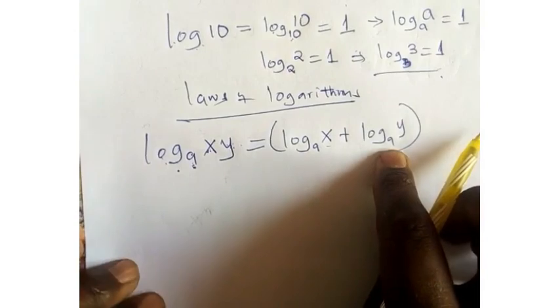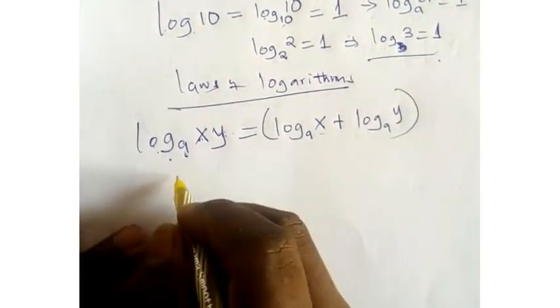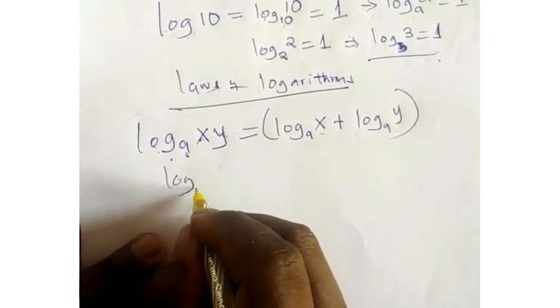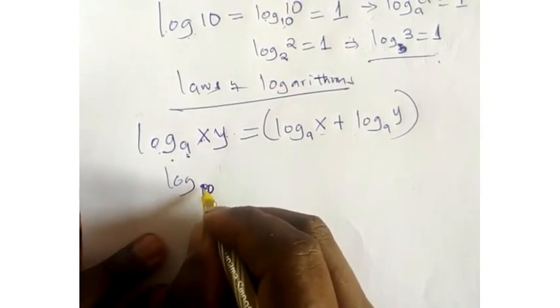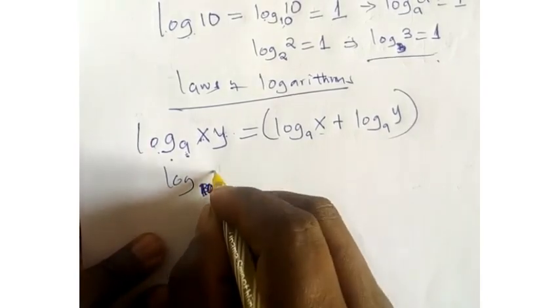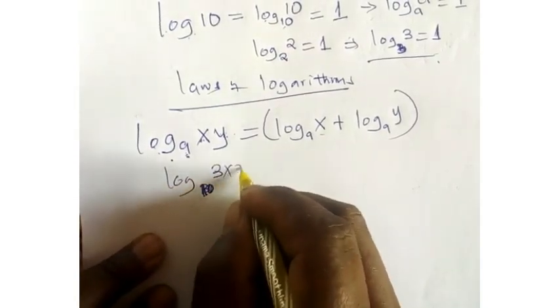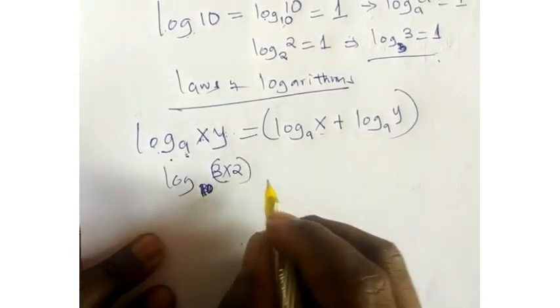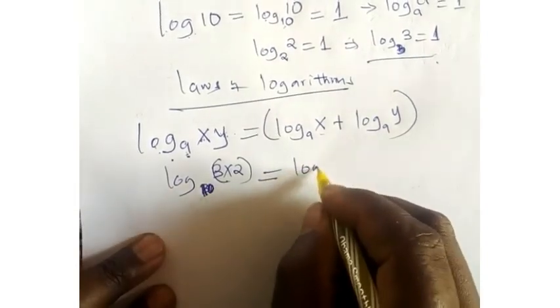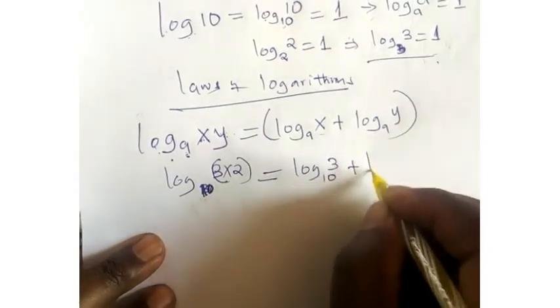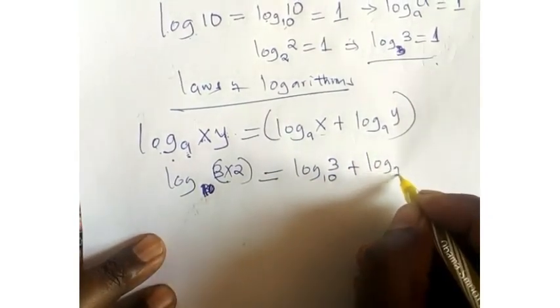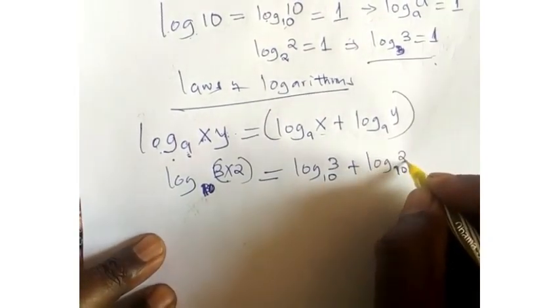Very important to note. For example, I can give an example: log to base 10 of 3 times 2, right? This is the same as log to base 10 of 3 plus log to base 10 of 2.